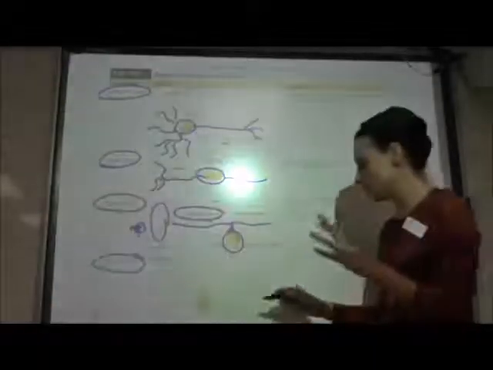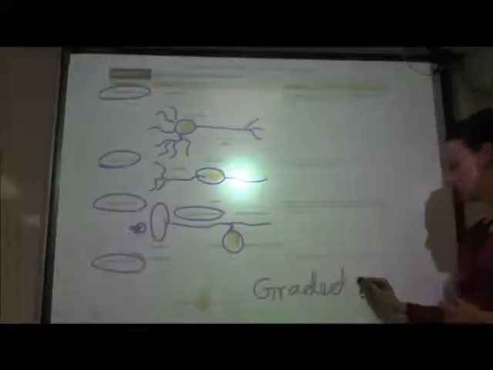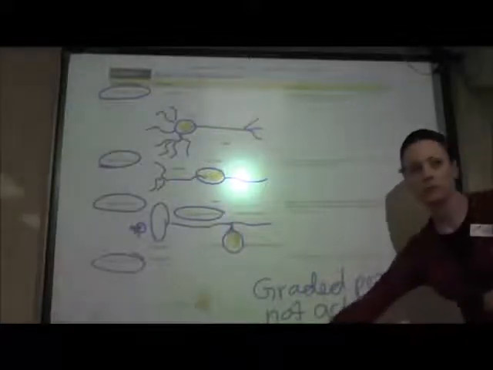So these only have dendrites, and so they are only going to be receiving information and creating what are called graded potentials, not action potentials. Alright, so that's how we classify neurons based on structure.